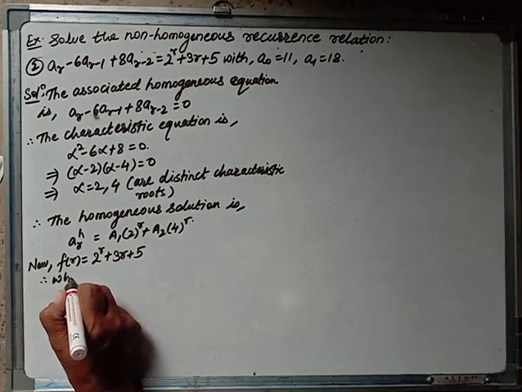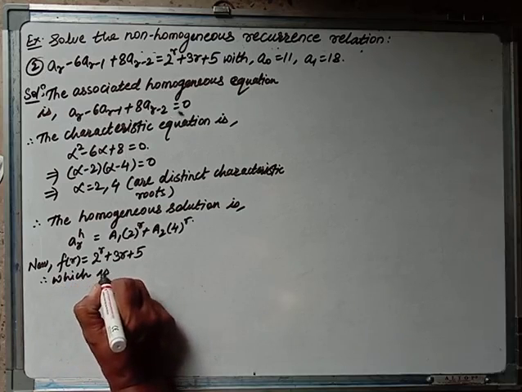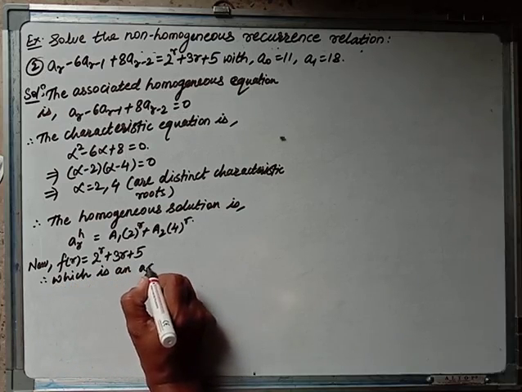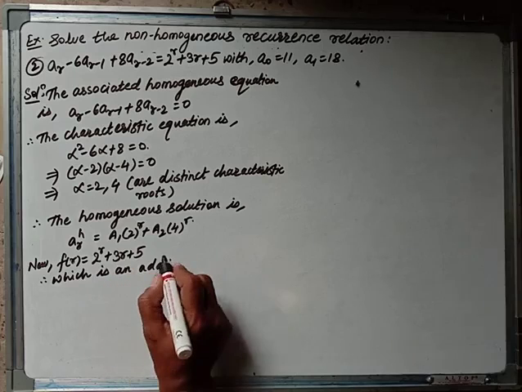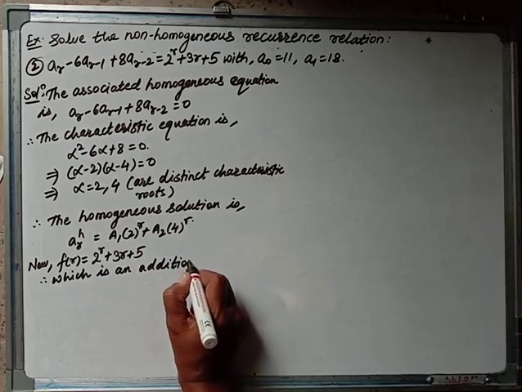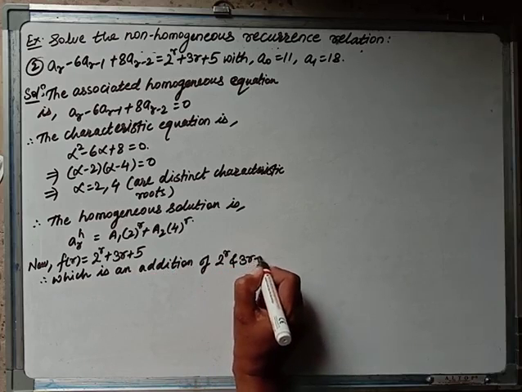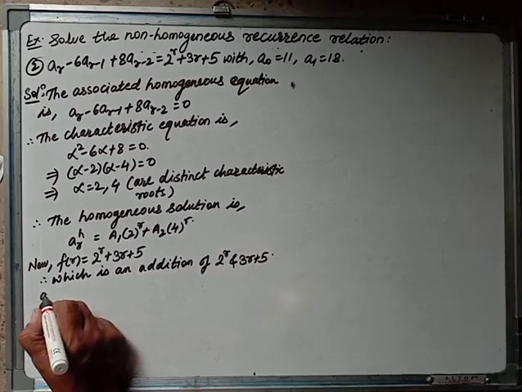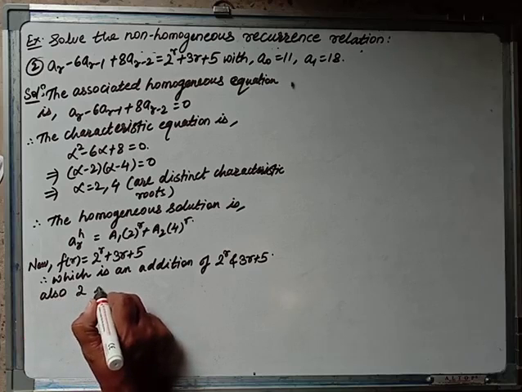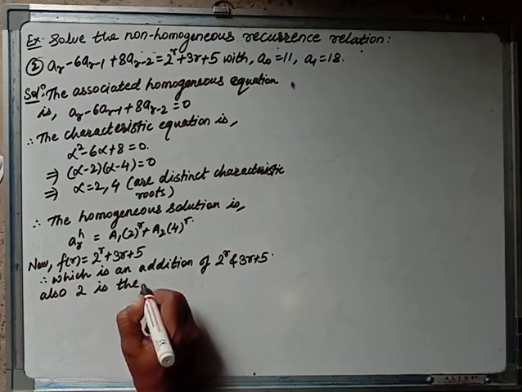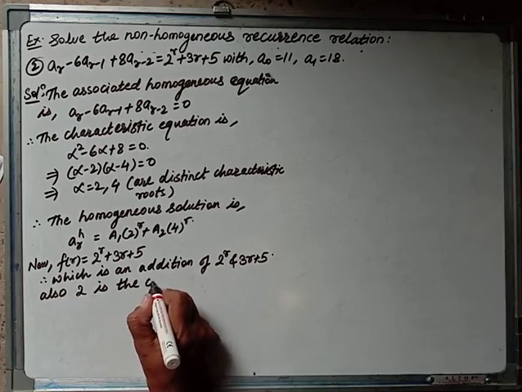It is an addition of lambda raised to r and a polynomial: an addition of 2 raised to r and 3r plus 5. Also, 2 is the characteristic root. Lambda raised to r, so lambda is the characteristic root.